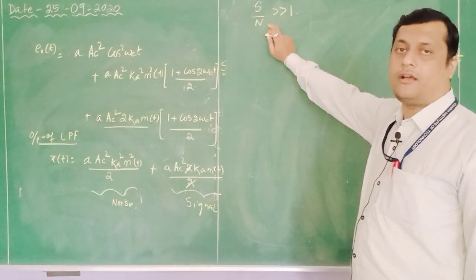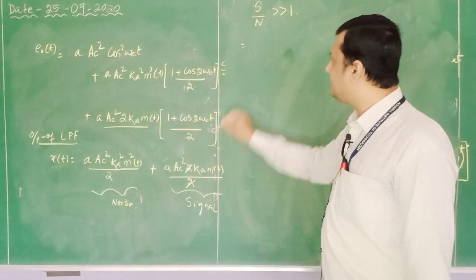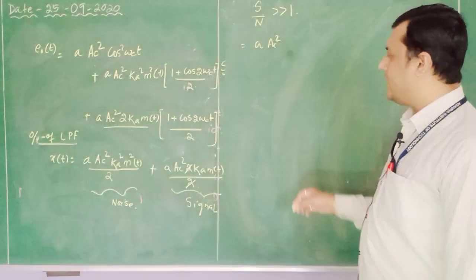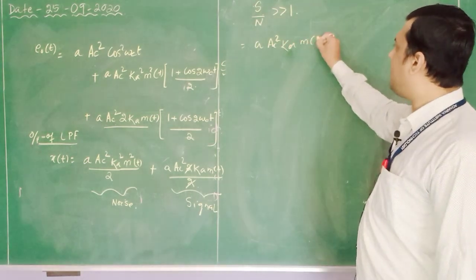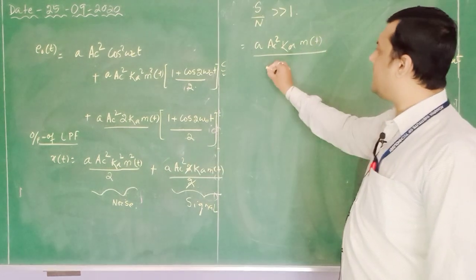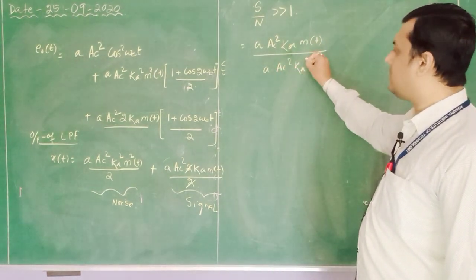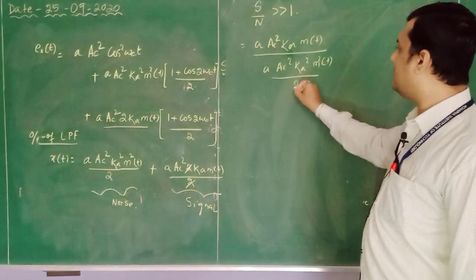If signal to noise ratio is greater than 1, your signal power is A into AC square into Ka M of T, and the noise component is A into AC square into K square M square of T divided by 2.